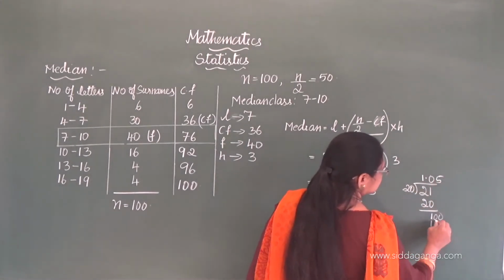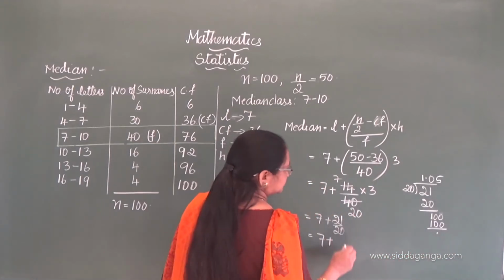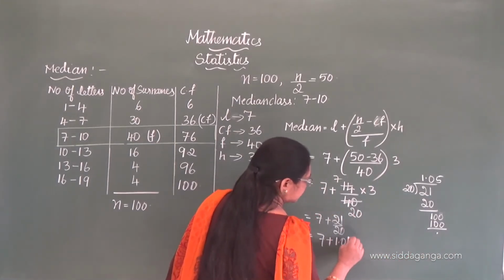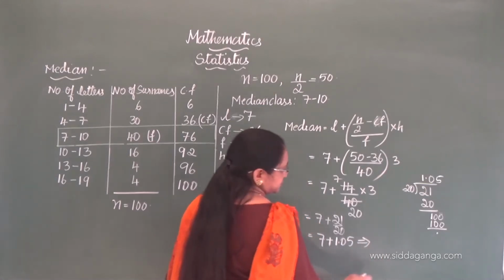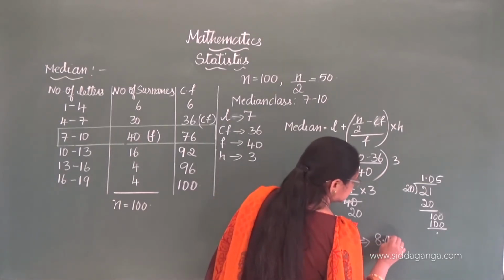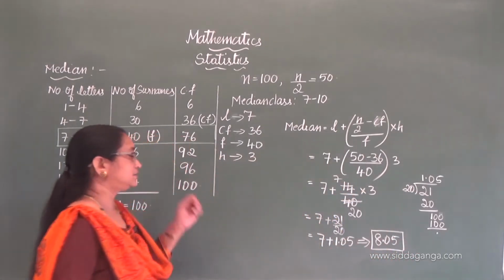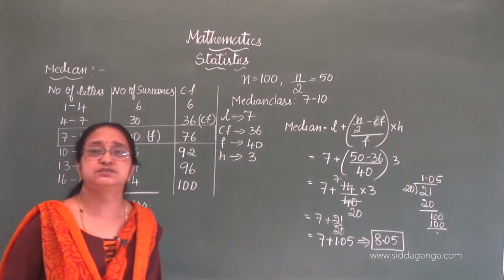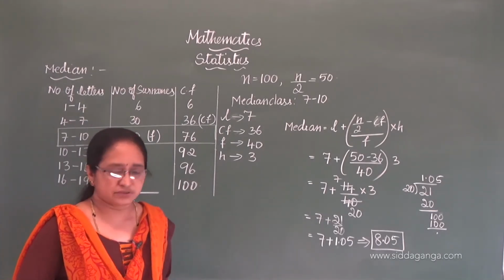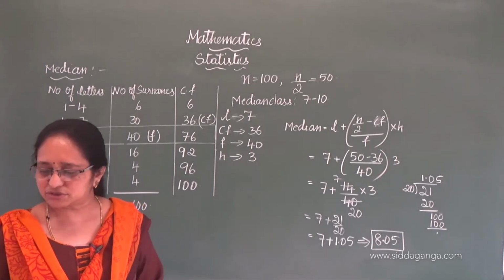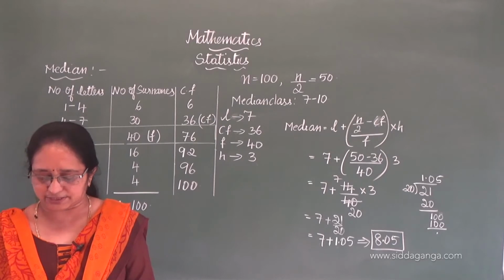So this answer is 7 plus 1.05, that is 8.05. So we have the median as 8.05. Okay, so what is the conclusion? You have to read the question: determine the median number of letters in the surnames.